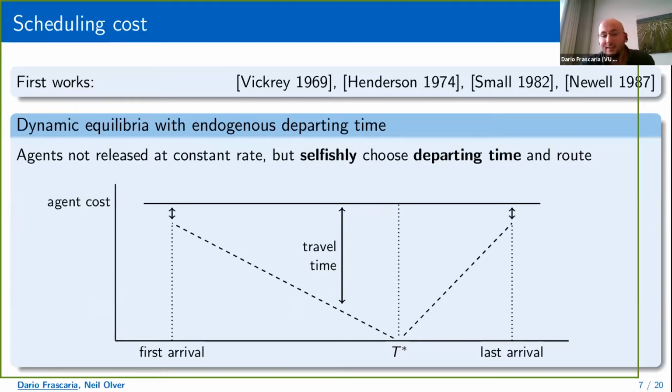So that means that in an equilibrium, every agent will have the same cost, but the first agent that arrives at the office will have a small journey cost because it will encounter no queue, but it will have a big scheduling cost because it will arrive way earlier, while the agent that arrives exactly at T star will have no scheduling cost, but it will have a big journey cost since it will encounter a lot of congestion.